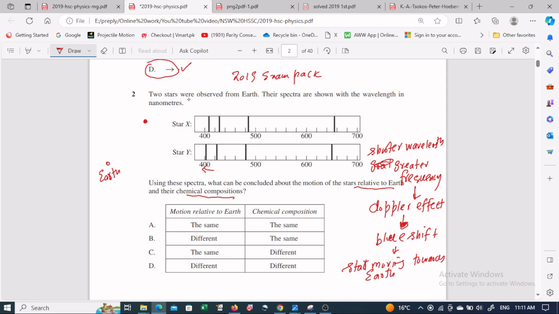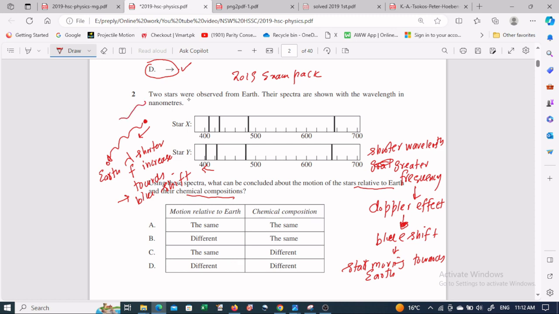If the star is moving towards the Earth, the radiation from the star is shifted towards the shorter wavelength, so the frequency increases. So when frequency increases, it means something is moving towards the Earth. This Doppler shift is known as blue shift.